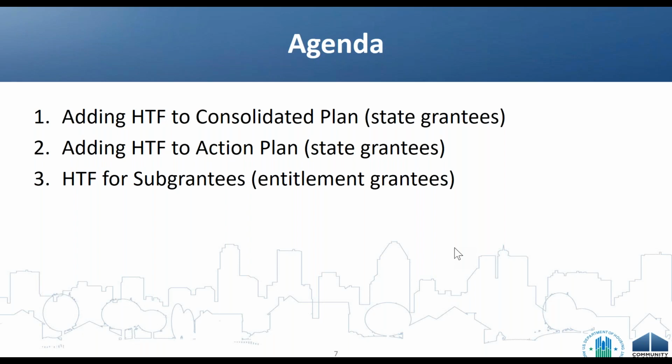The second agenda item is how to add HTF to your action plan, and that's for those of you who are in years 2 through 5 of your con plan cycle, how to make sure that HTF is included in your action plan. And then finally, we'll talk through the process for subgrantees and what the roles and responsibilities are for entitlement grantees in including HTF in the eCon Planning Suite.